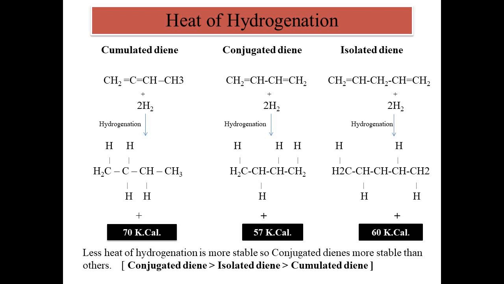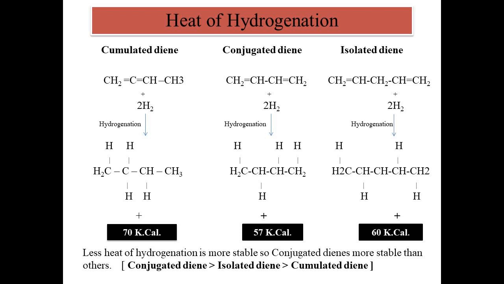Last evidence: heat of hydrogenation. The dienes are heated in the presence of hydrogen, with 4 moles of hydrogen. The cumulative diene forms a product and heat is released: 70 kilocalories of heat is generated.